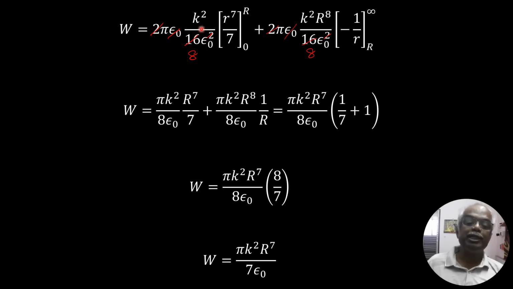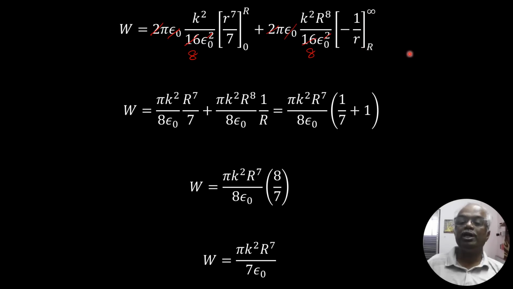The first term is pi. Here you have pi k squared over 8 epsilon naught. Then after applying the limit, this will become r power 7 over 7. Then here you have pi k squared r power 8 over 8 epsilon naught. Here you apply the upper limit. 1 over infinite is 0.